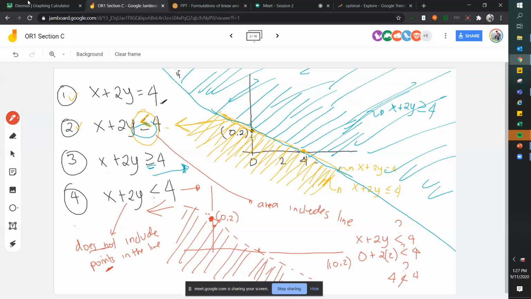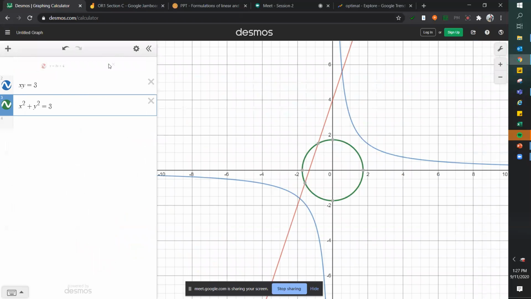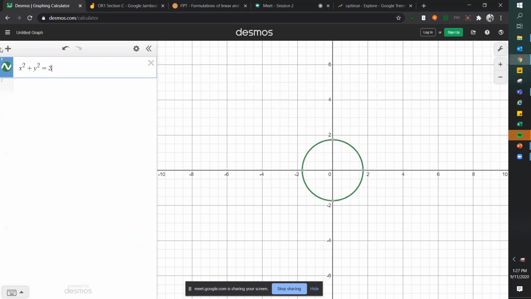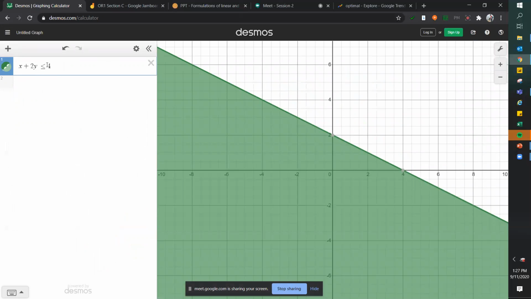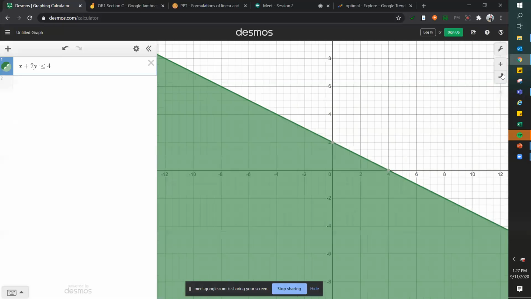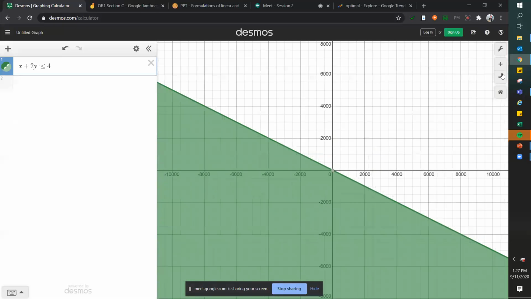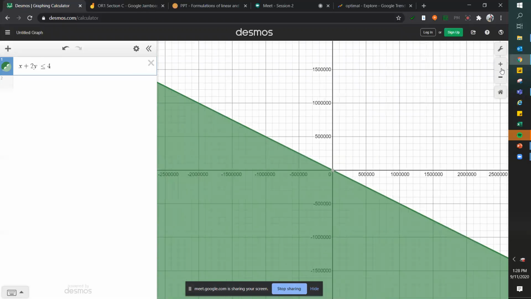Okay. So, once again, tingnan natin siya dito. Ano nga yun? X plus 2y is equal to 4. This is the first equation. That's a line. Alright? Then I change it to less than equal. Yun nga, yung arrow. Malinaw, yung arrow. Lahat ng area na yun.